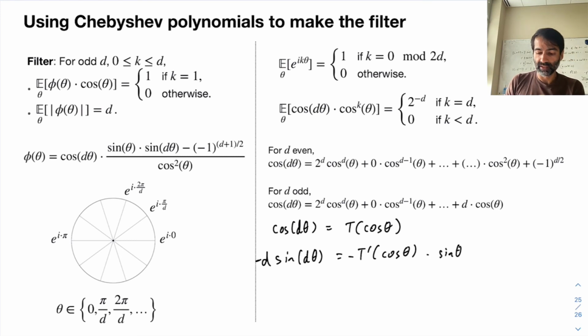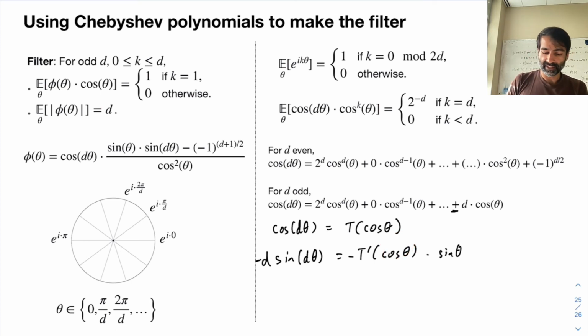And now if I plug in theta equals pi over 2 here, I will get... Actually, the claim that I want to make is that this last coefficient here is plus or minus d. Its magnitude is d. And I can obtain that by plugging in theta equals pi over 2 in this expression.